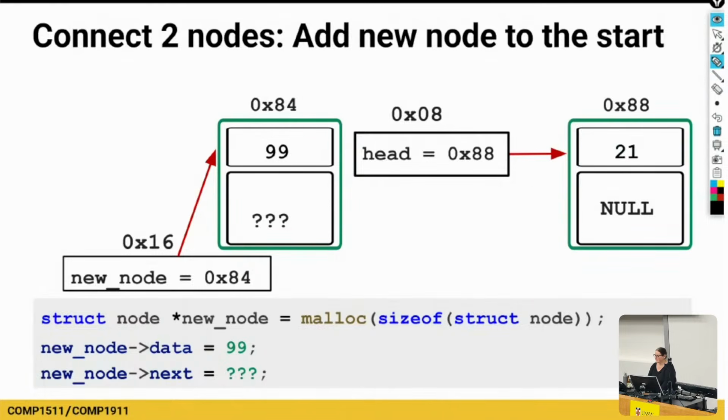In this case, I'm wanting this next field to be linking this node to this node here. So I want the value, in this fictitious example, 88 in there. But when you're coding, you don't know these addresses. What we're going to just say is new node next equals head. So that's setting this field here to have this value in there.